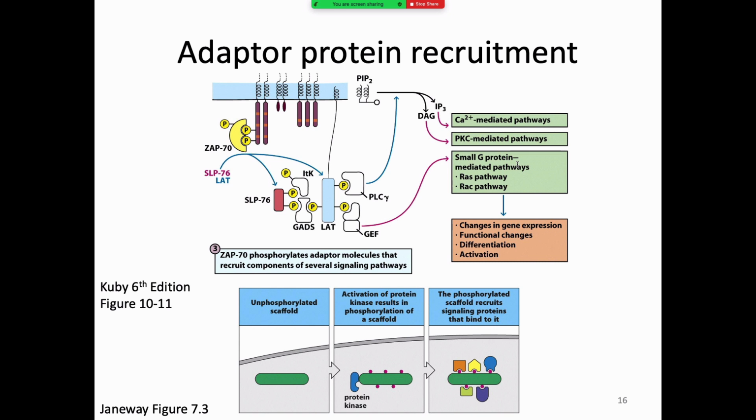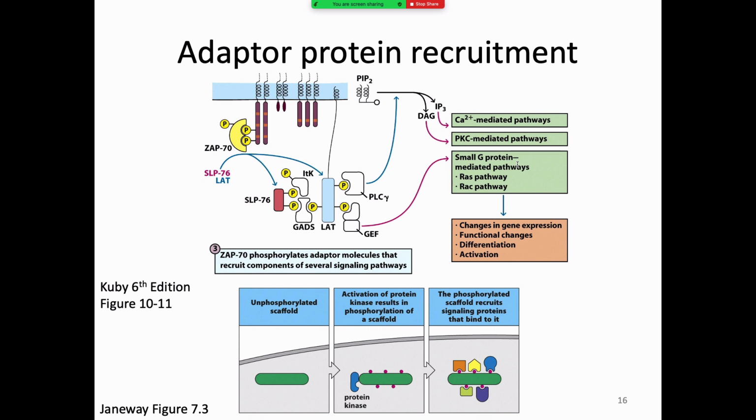And so what we're going to do now is follow one of these branches. We're going to follow one protein that comes in and binds LAT and SLP76, and go from it all the way to a transcription factor. Then we're going to come back to LAT and SLP76 and do a different branch.